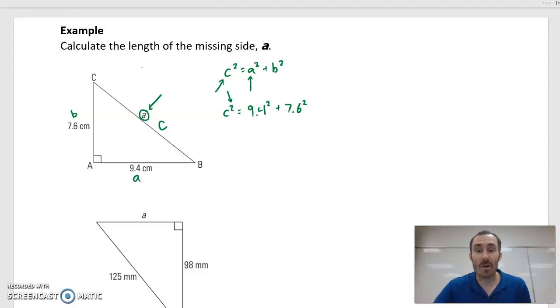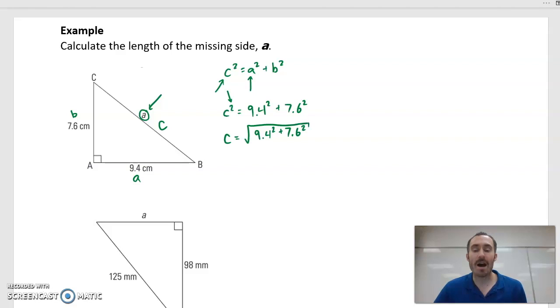The opposite of squaring, or the reverse of squaring, is square rooting, or figuring out the square root. So in the end, c equals the square root of 9.4 squared plus 7.6 squared. Okay, that's what we're going to do in the end.